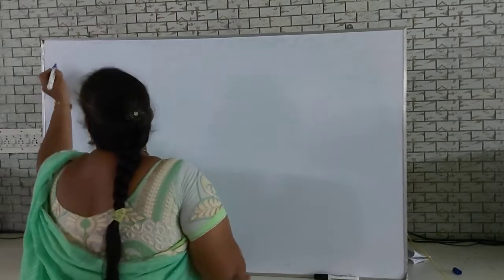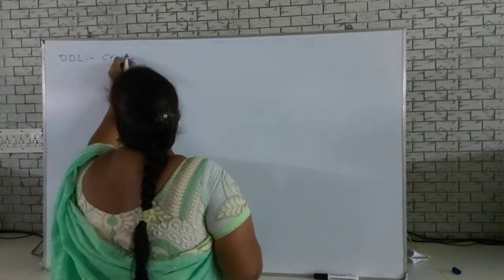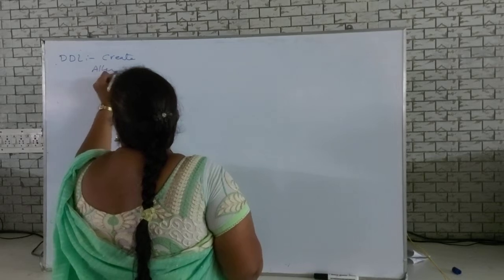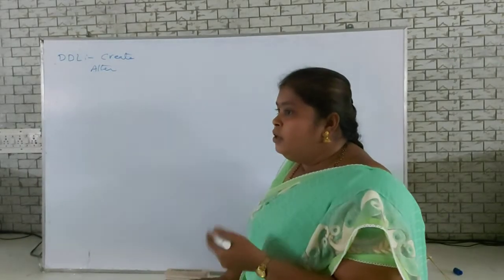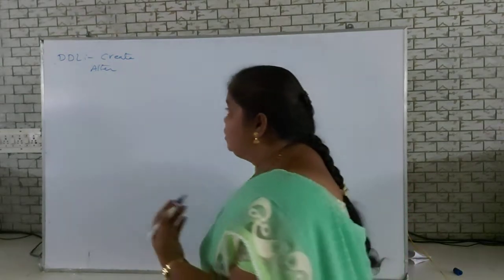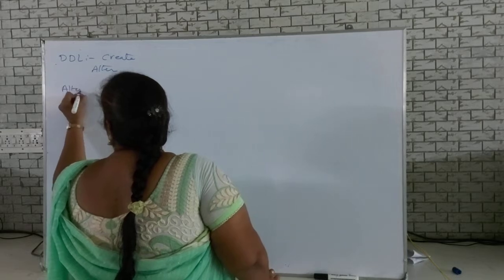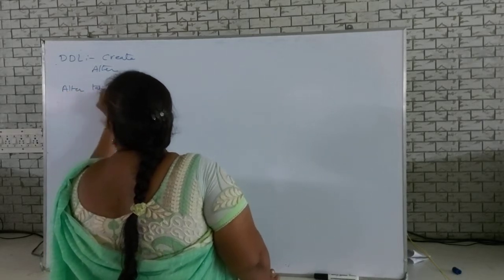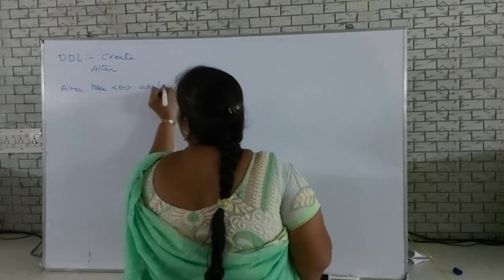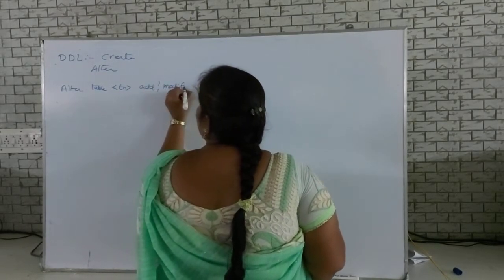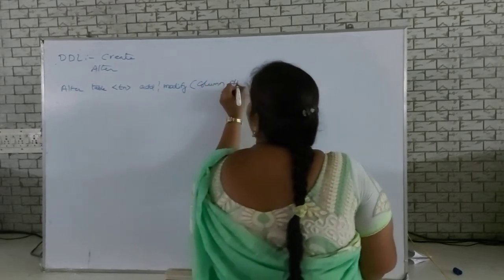Next command in DDL is alter. The alter command is used to enter a new column name to the table. The syntax for the alter command is: alter table table name, add or modify, column name, data type, size.